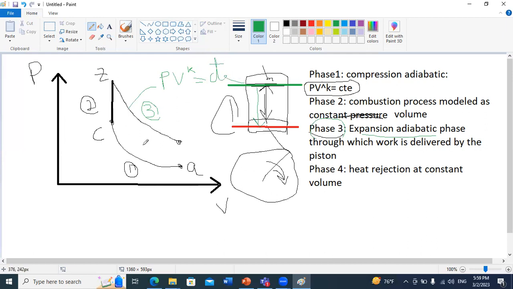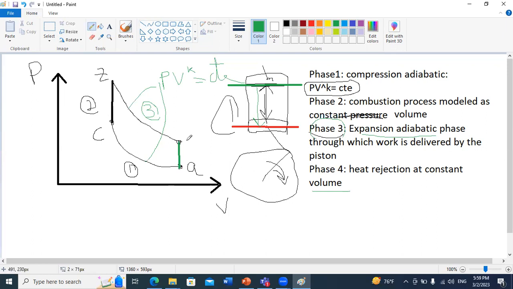And this is the same for phase one. Both 1 and 3 are governed by the same equation, while rejection of heat, as mentioned, takes place at constant volume. So we have a phase of heat rejection like this. So this is phase 4.